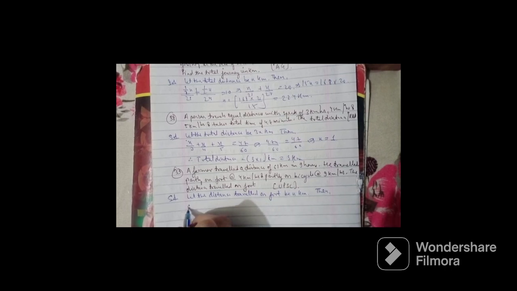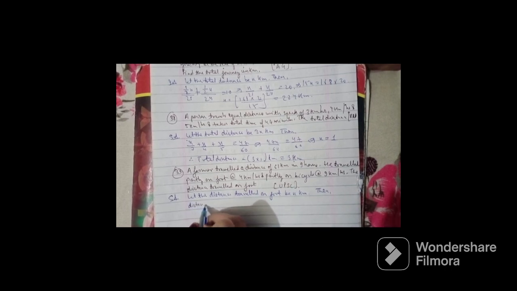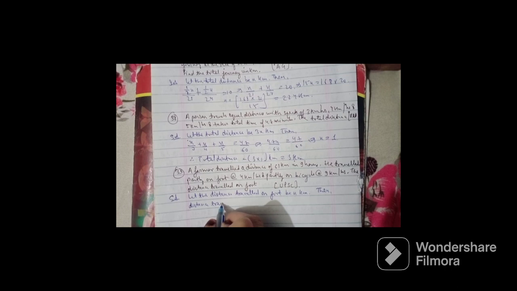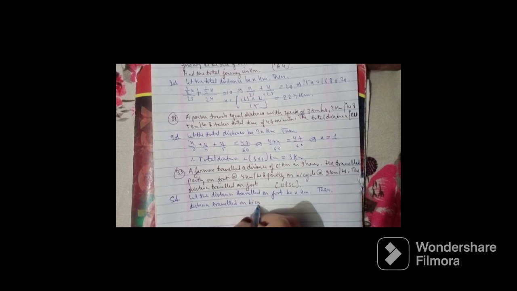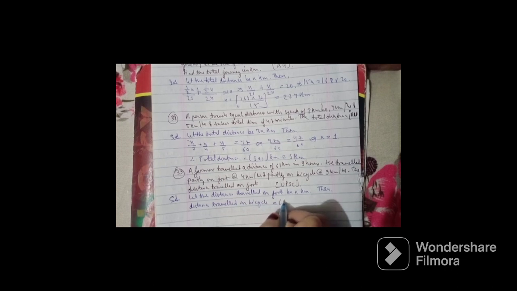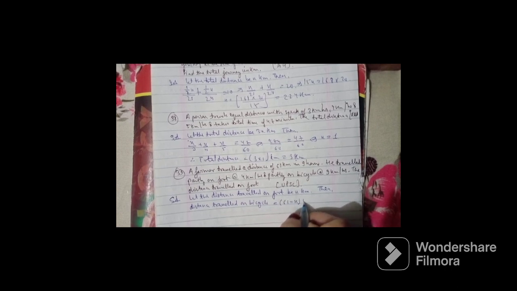Then distance traveled on bicycle is (61 minus x) kilometer.